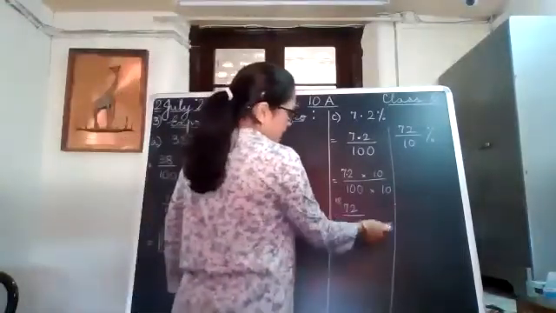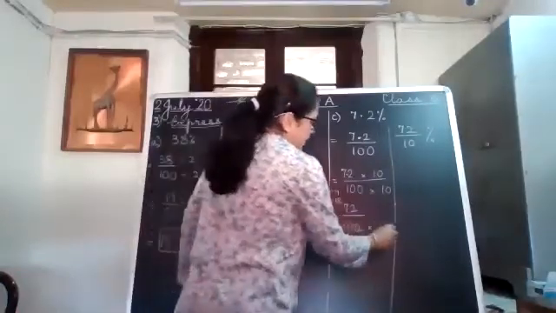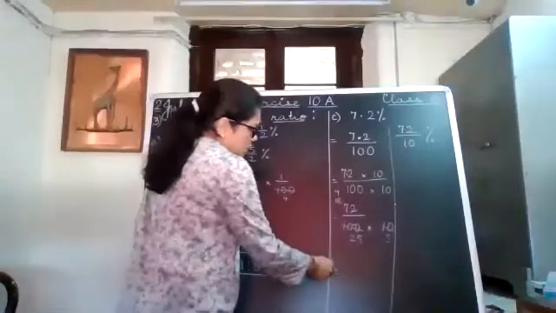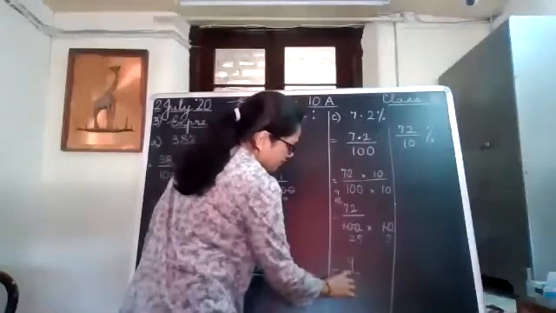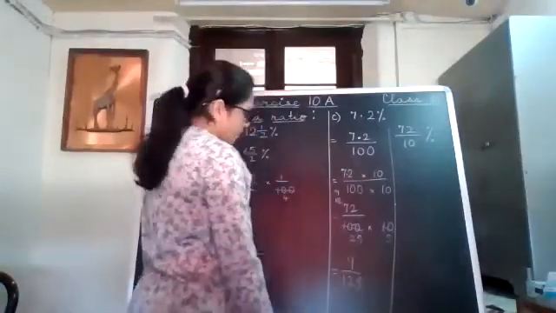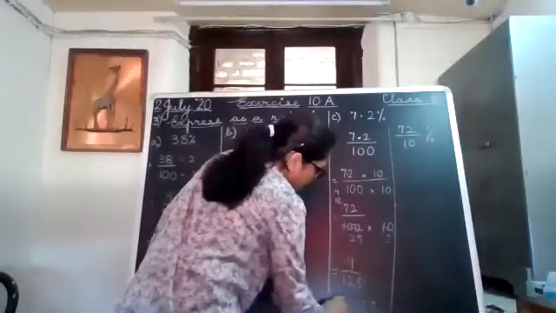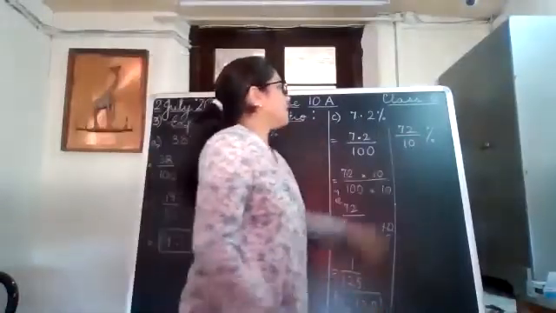Now this can be reduced further. 2 divides 18 9 times and 2 divides 10 5 times. Okay, so that's it. So what will it be? On top you have 9 and 25 fives are 125. So what will it become? 9 is to 125. That's it. Now we'll do it in this method.